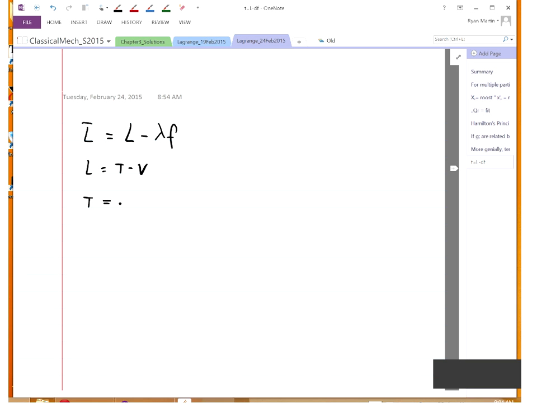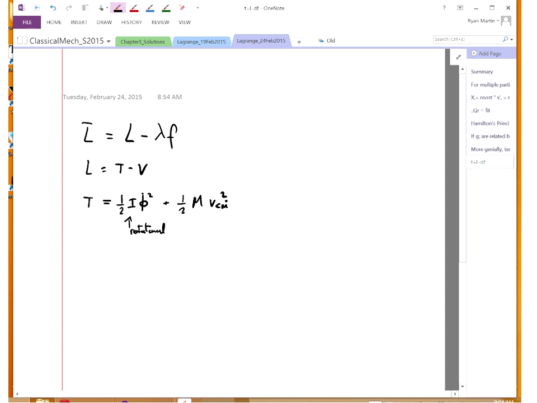So T, the rotational kinetic energy, will be a half capital I phi dot squared. So that's rotational. And then plus a half m V_CM squared. So V_CM is the speed of the center of mass.